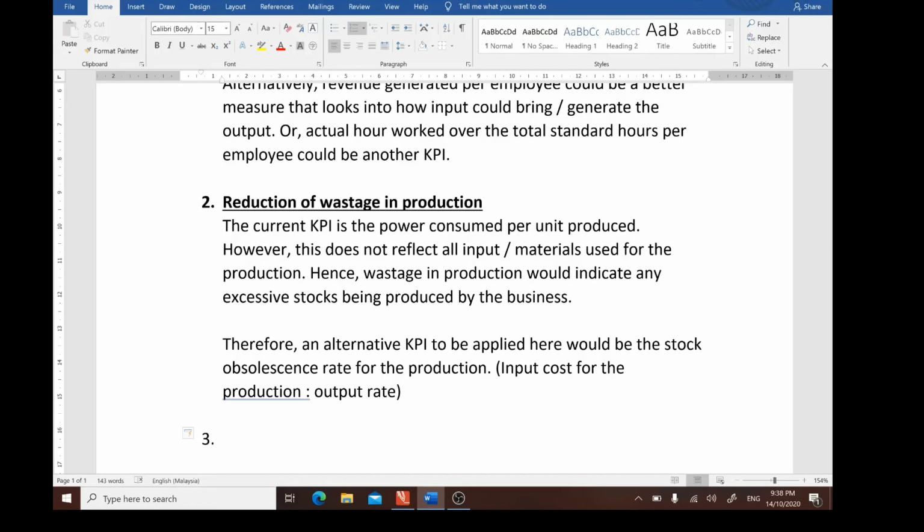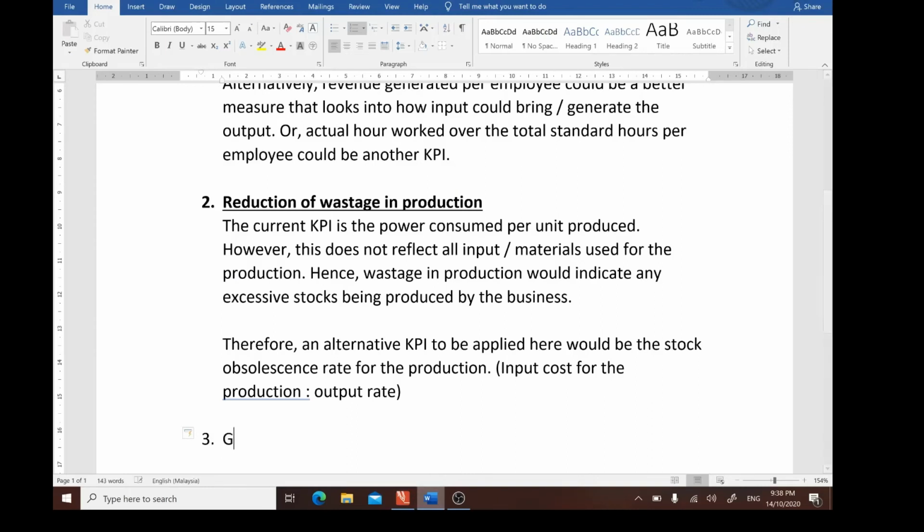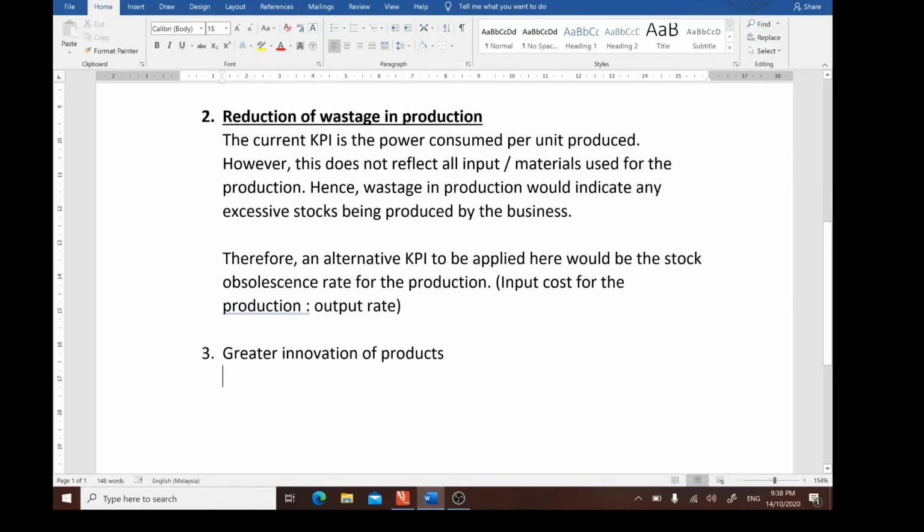And not to forget, it's possible for us even to move on to the next one, that's on the greater innovation of products. Greater innovation of products. All right, so we need to understand what this is all about again.